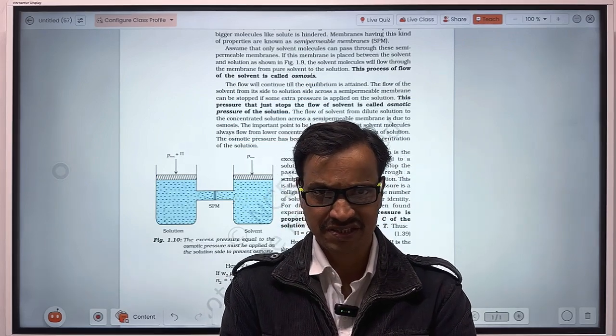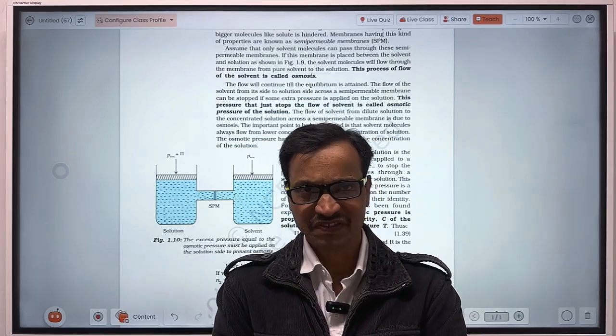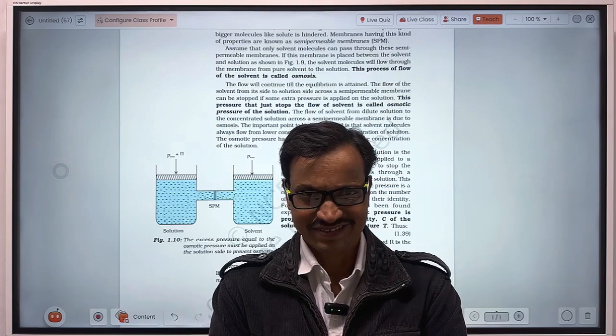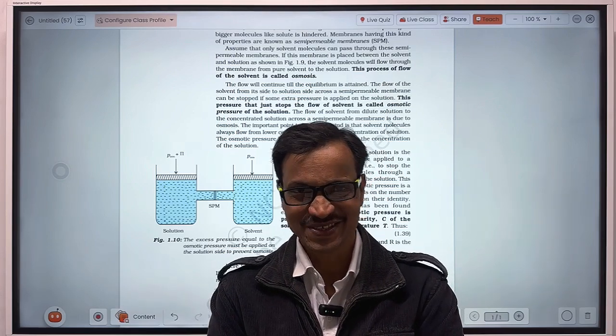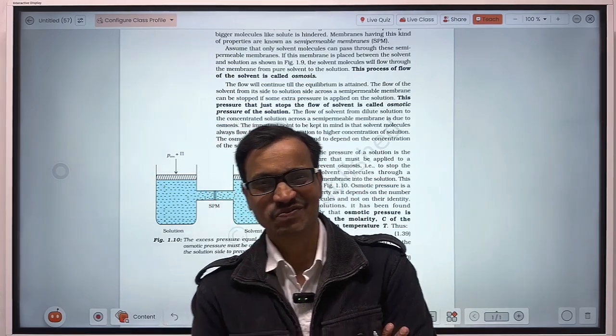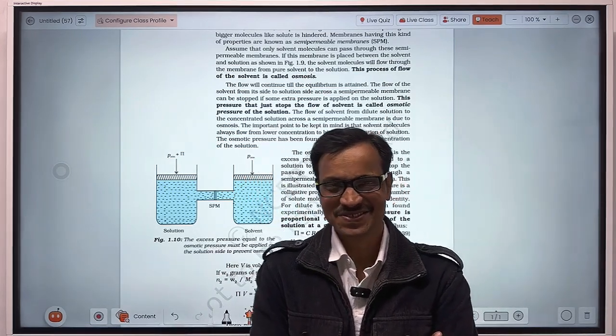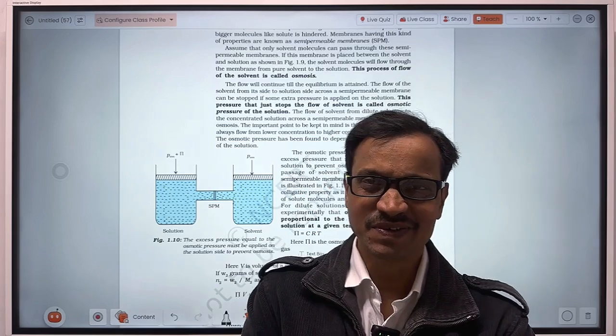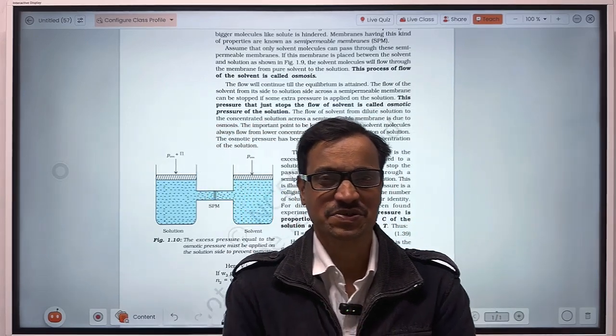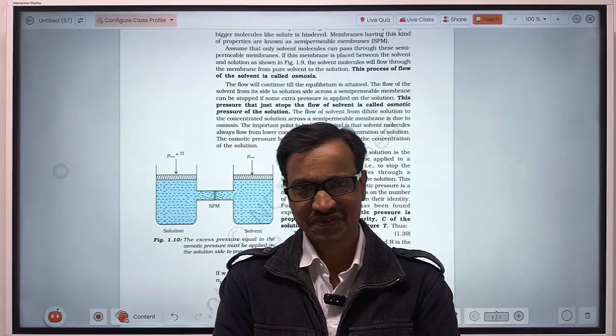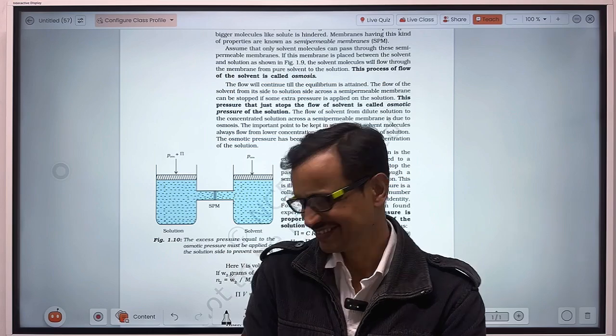It is used to purify water. RO means reverse osmosis. The RO which you use in your kitchen is reverse osmosis. So reverse osmosis is used to purify water.